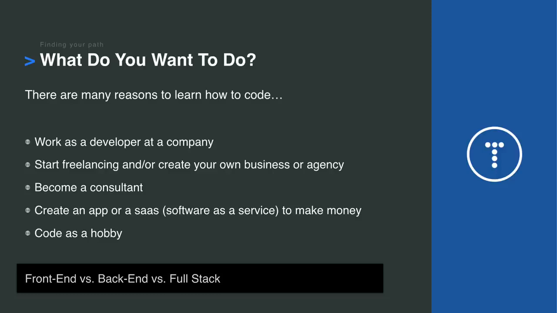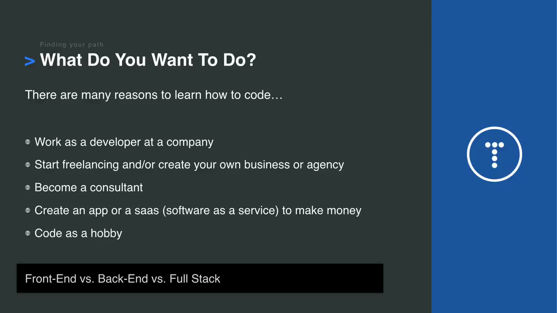You could have your own business or agency, and what you do can kind of dictate what technologies you learn. You can become a consultant for other companies. You could learn how to code to create your own apps or some kind of SaaS, which is software as a service, to make a little bit of money there. Or you might just want to code as a hobby. So it really depends on what you want to do as to what you should learn.